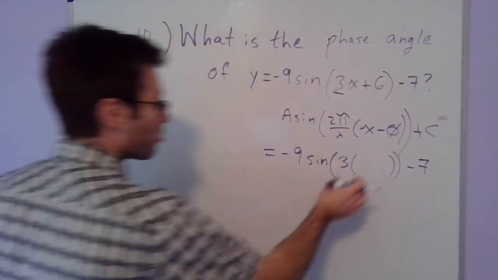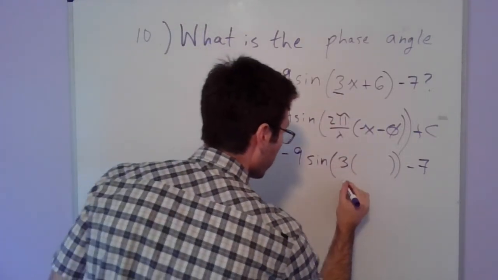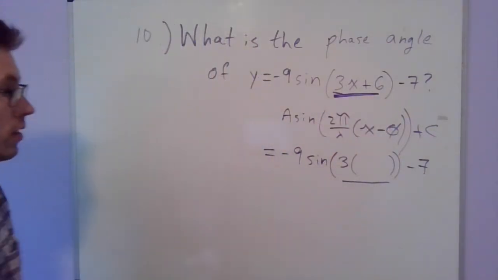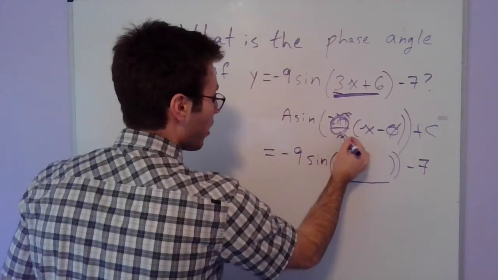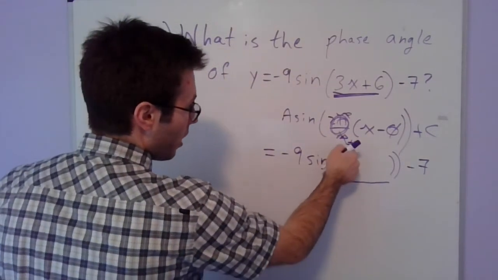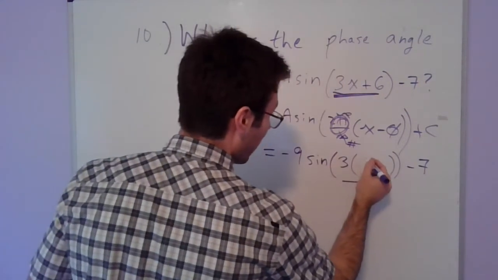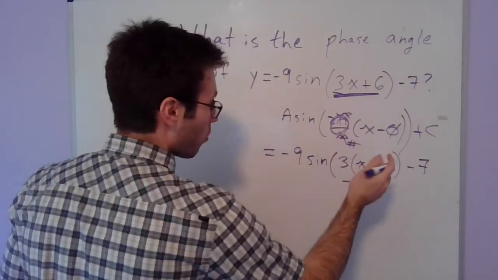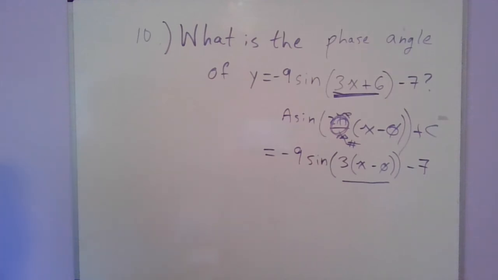I'm going to try and set this inner term equal to that value, because this number right here is really 3. If I can figure out what my phase angle is, I'm good.